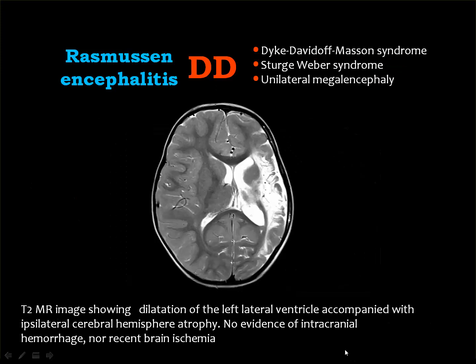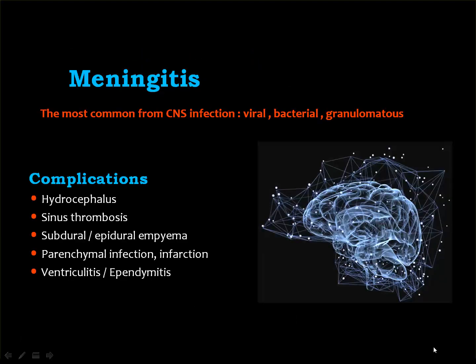Then you may assume the possibility of Rasmussen encephalitis. The differential diagnosis will include Davidoff-Masson syndrome, which is the hemiatrophy of the brain, Sturge-Weber, and unilateral megalencephaly. And we'll discuss this particular issue in the pediatric brain, inshallah.